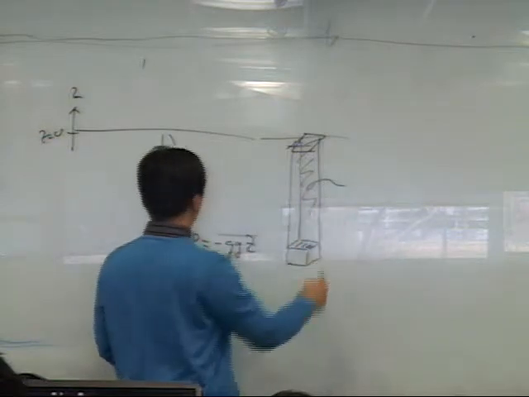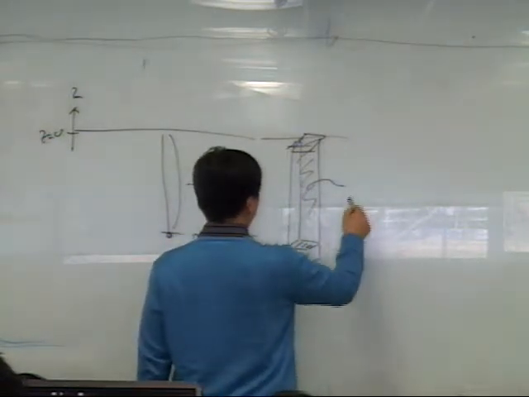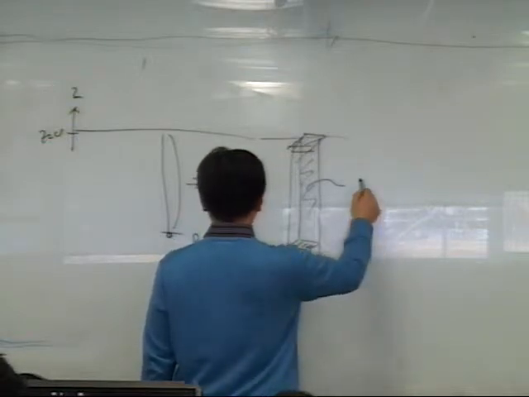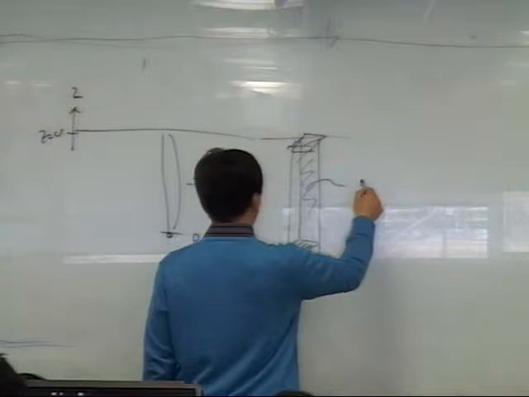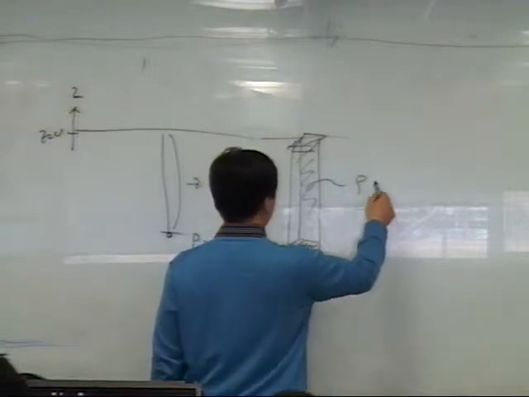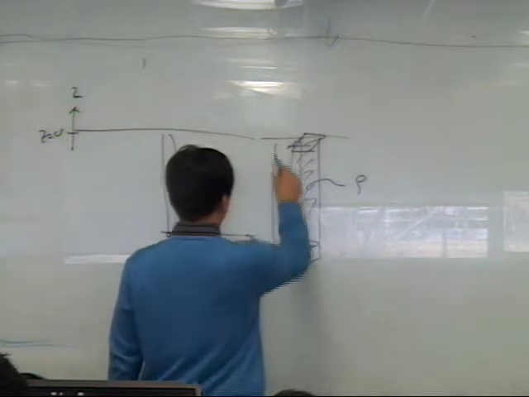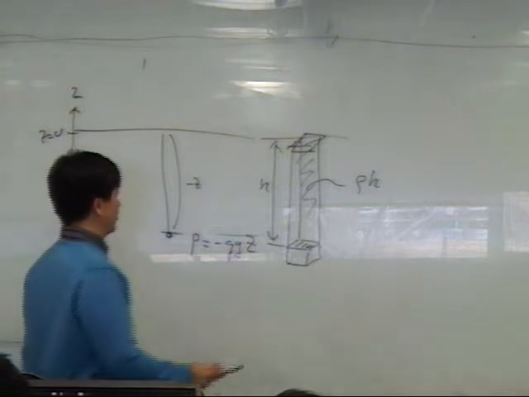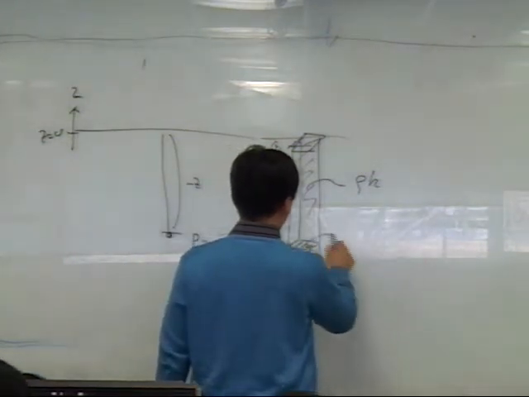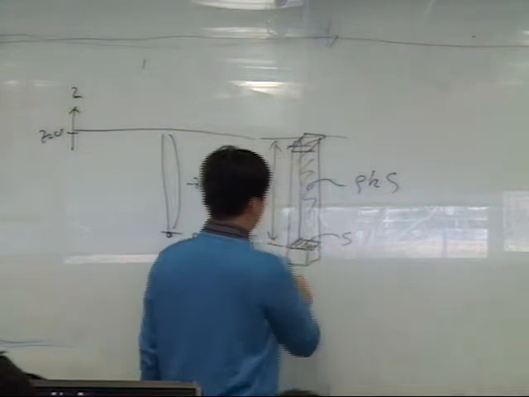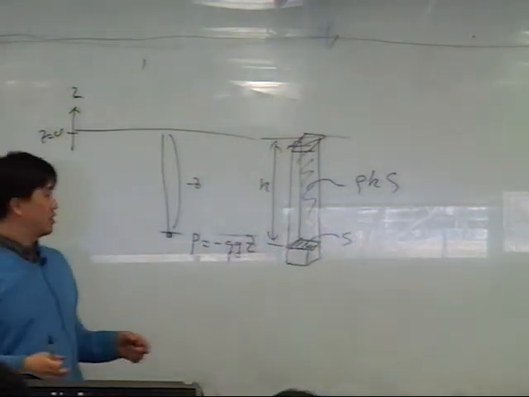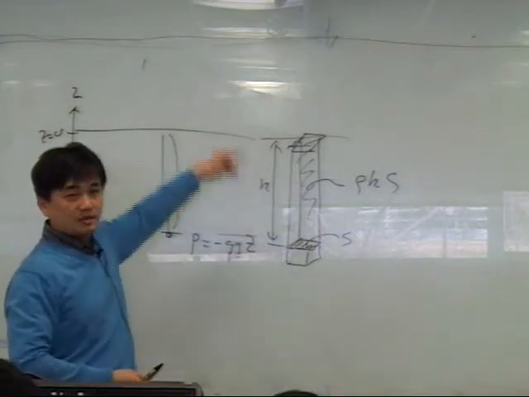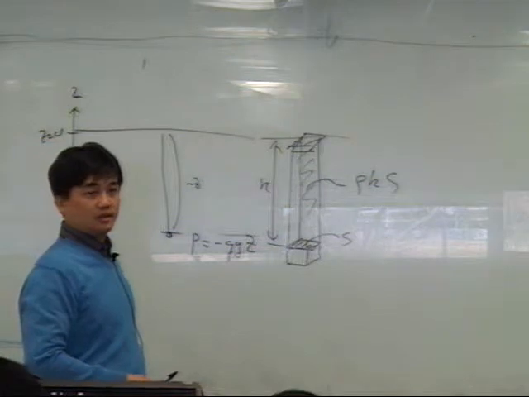The mass of the column of water will be rho times H times S, where S is the area. Then this is the mass of that water column, right?